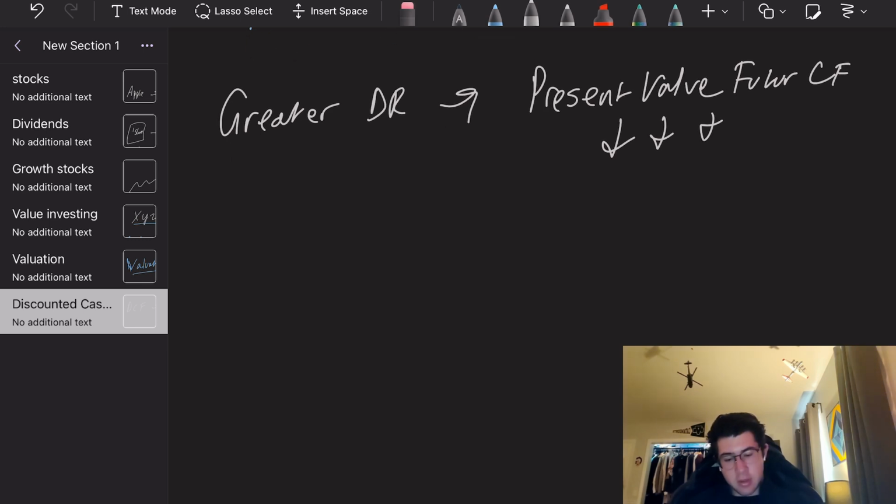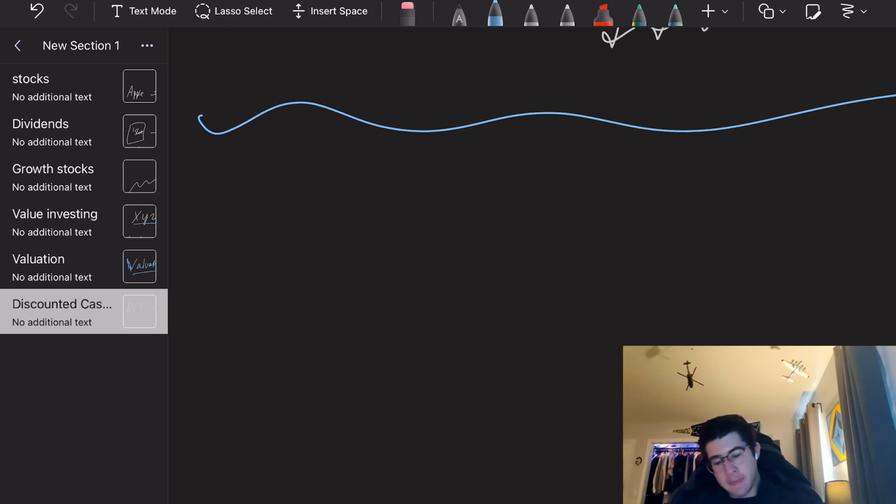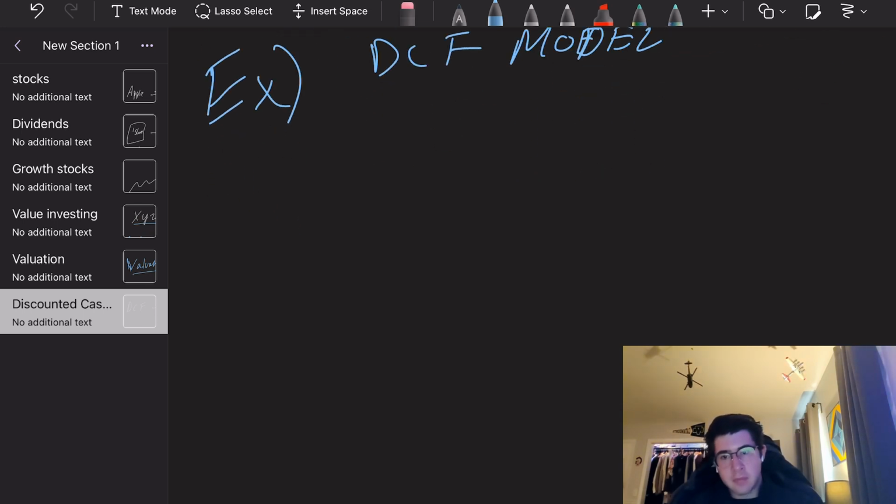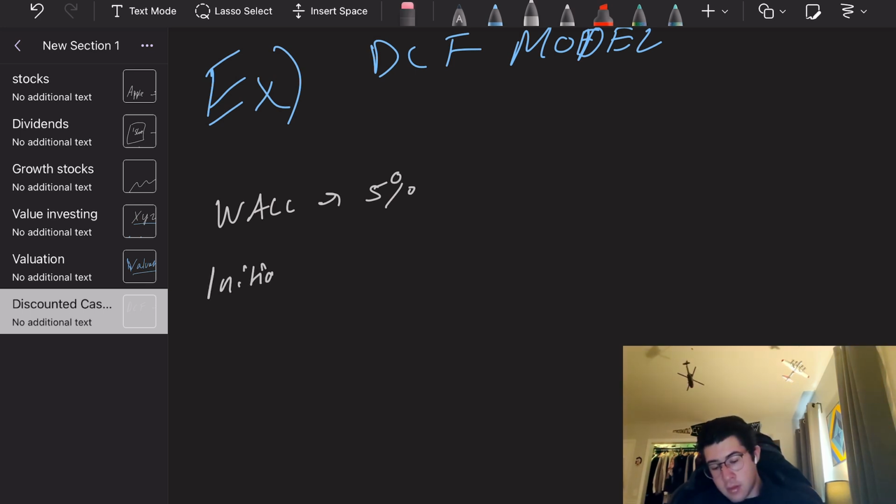So now let's actually do a DCF. Let's run a DCF model. So the first thing, our weighted average cost of capital is going to be 5%. Our initial investment is going to be, let's say, $10 million.